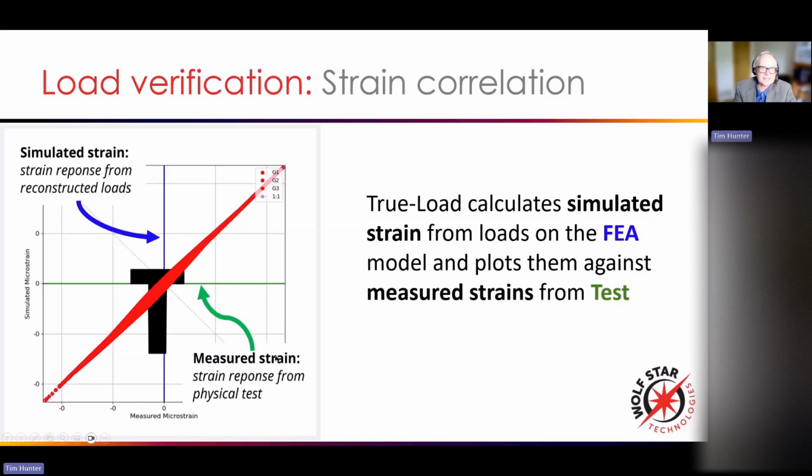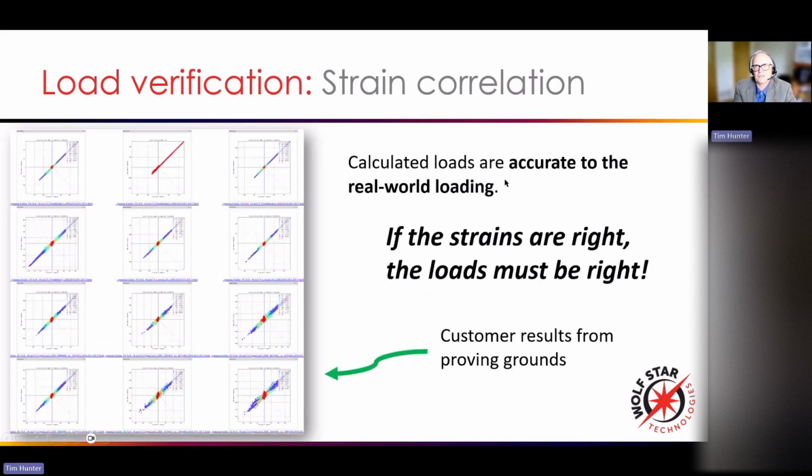On the horizontal axis, we're going to plot our measured strains for all of the gauges, and we're going to get these nice one-to-one correlation lines, which shows that if we're matching the strains in the real world, then our loads on the FEA model must be right. All right, so this is fantastic. The calculated loads are accurate in the real world from the real-world loading. If the strains are right, the loads must be right.